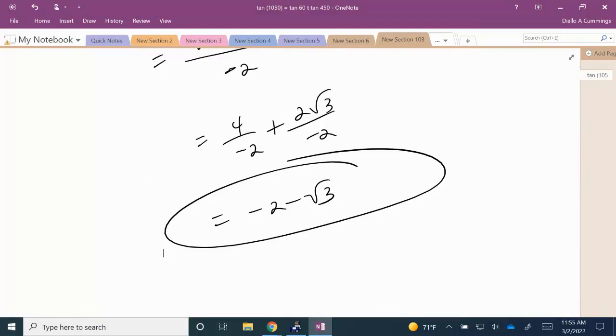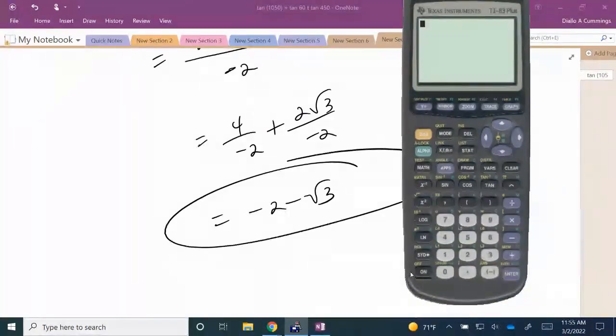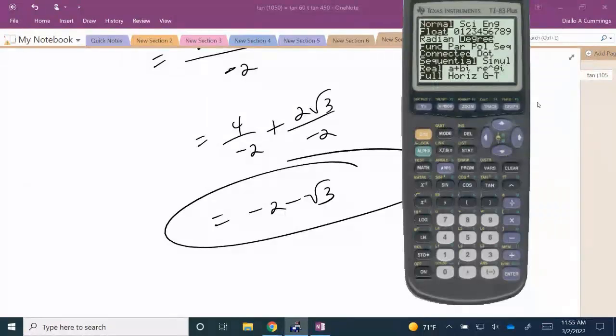Okay, so let's check this with the calculator. Just make sure that I'm in radian mode. Well, since I'm in degree, I'll use degree.